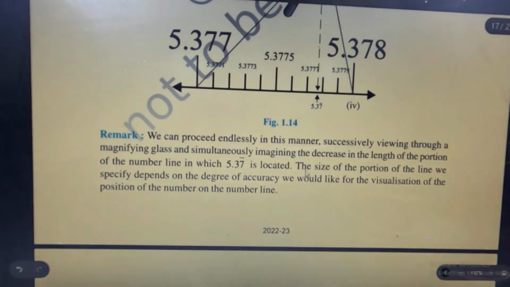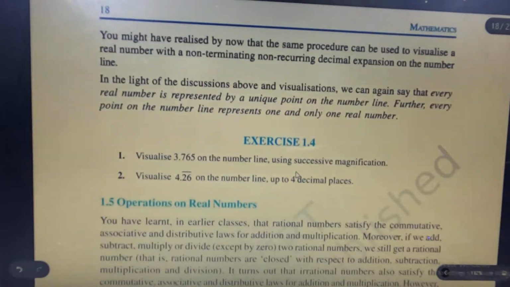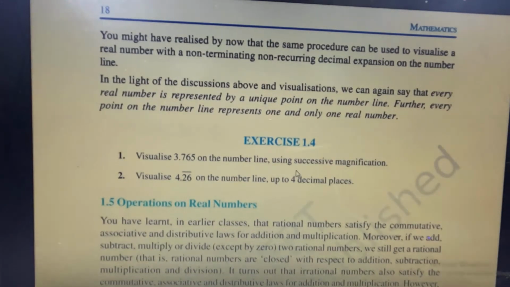The size of the number line portion depends on the target accuracy we would like for the visualization. You might have realized by now that the same procedure can be used to visualize a real number with a non-terminating, non-recurring decimal expansion on the number line. In light of this discussion and visualization, we can say that every real number is represented by a unique point on the number line, and every point on the number line represents one and only one real number.